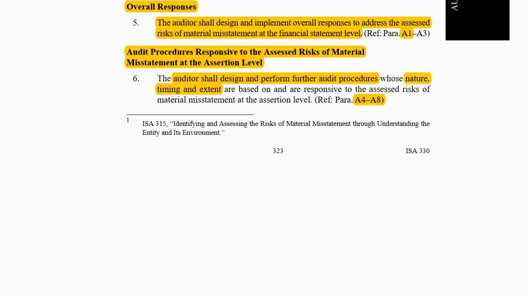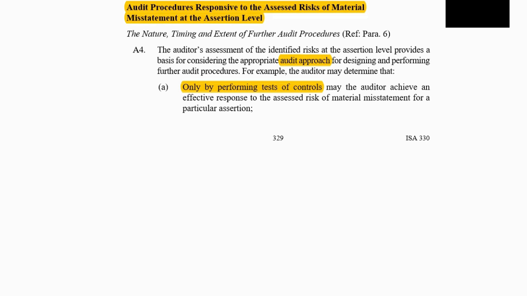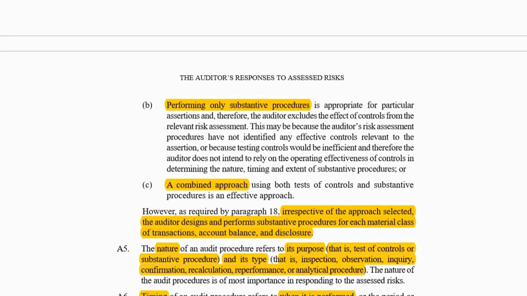Paragraph 6 says you have to design and perform audit procedures whose nature, timing, and extent is responsive to those risks. I've highlighted A4 to A8 because A4 says you need to, one, determine the audit approach. It gives you the examples. We know that we can only choose between B and C, substantive or combined.